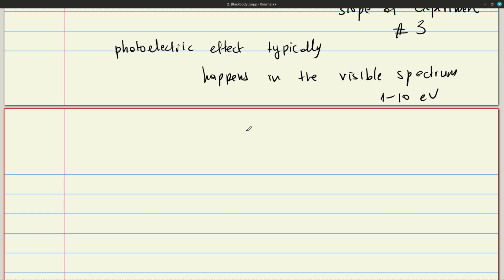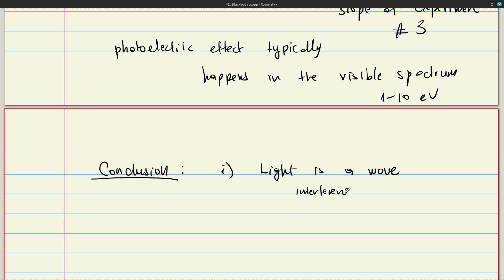So the conclusion of this whole exercise. Light, first, is a wave. There's no problem with that because of interference, right?